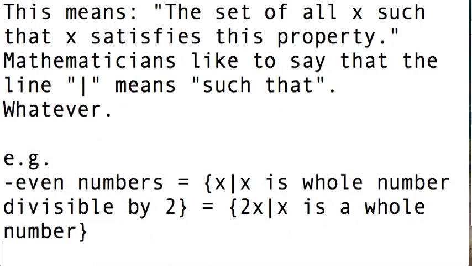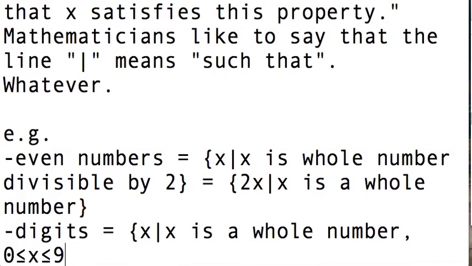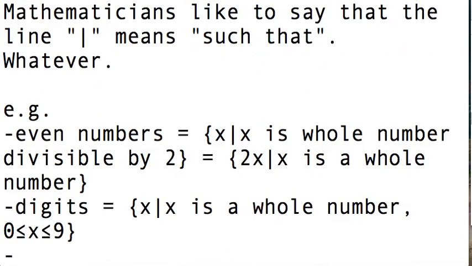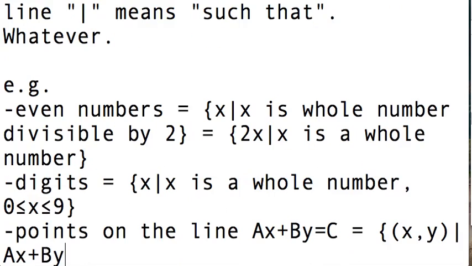Okay. The digits I could write out maybe more simply as x, where x is a whole number, and x is between 0 and 9. And say the points on the line ax plus by equal to c, I could write this as the set of x comma y pairs (x, y) such that ax plus by is equal to c.